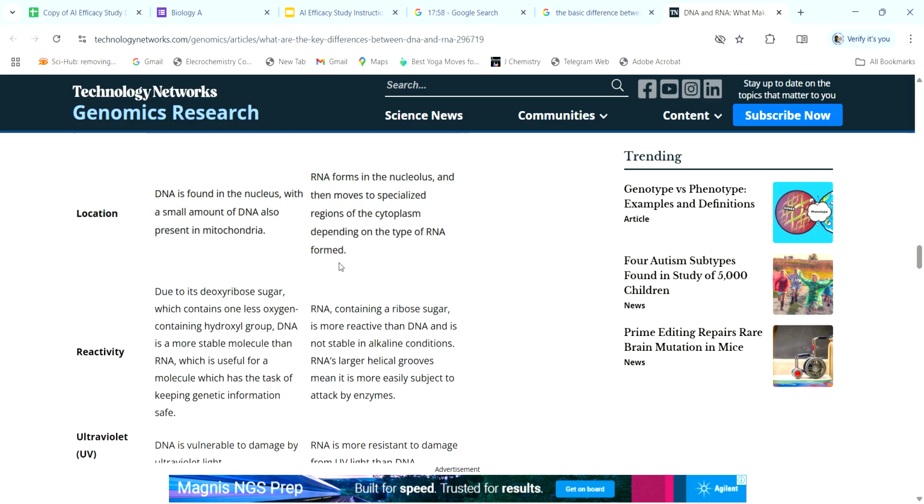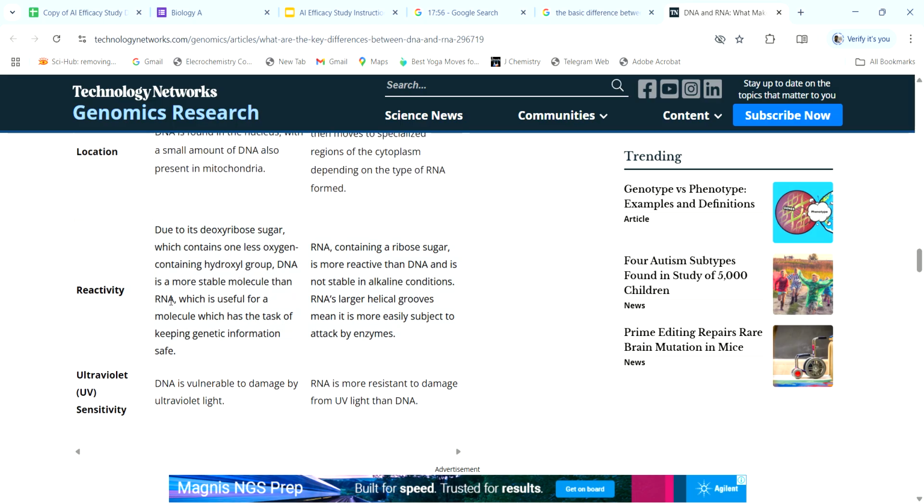Reactivity of DNA is due to its deoxyribose sugar, which contains one less oxygen-containing hydroxyl group. DNA is a more stable molecule than RNA, which is useful for a molecule that has the task of keeping genetic information safe. RNA, containing a ribose sugar, is more reactive than DNA and is not stable in alkaline conditions.